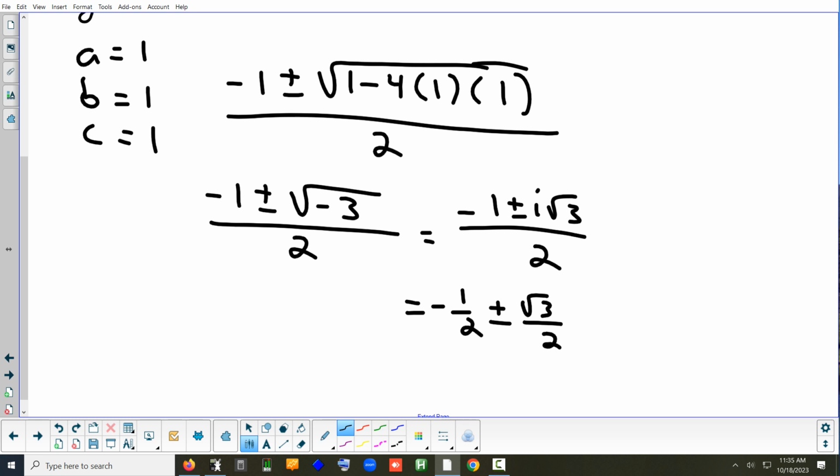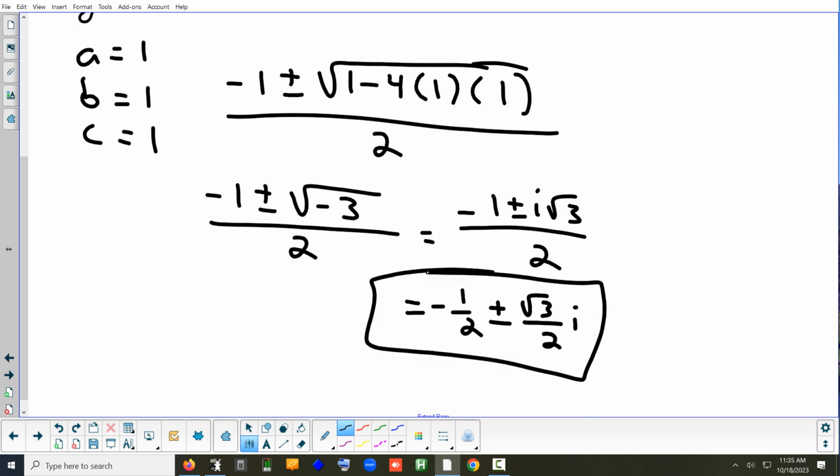We usually write it as square root 3 over 2, and then they put the i next to it. But that's how you break that down into the real part and the imaginary part. So when you write it this way, you always put a number here, you always put a number here, and then you put the i on the end, if you're going to write it in what's called standard form.